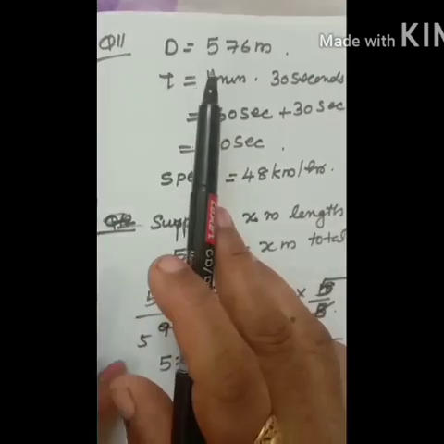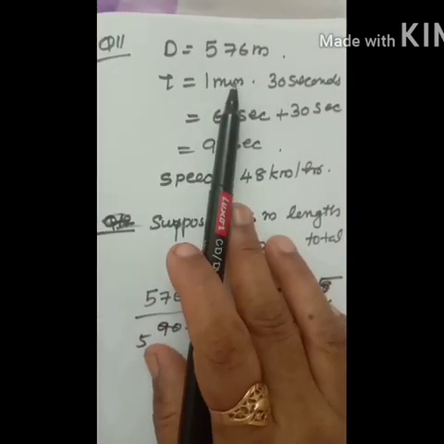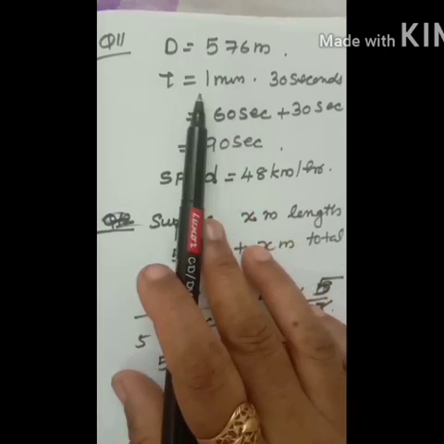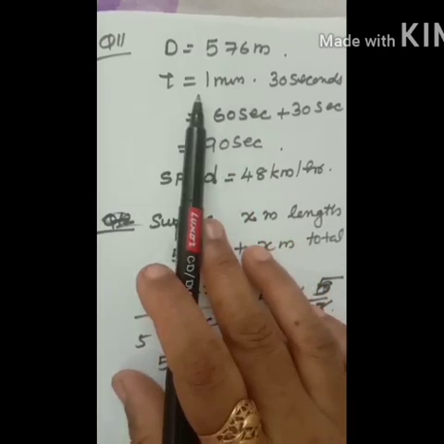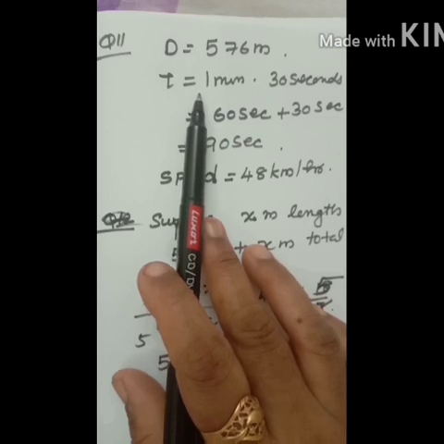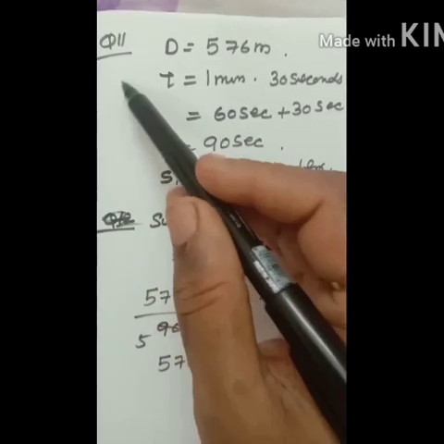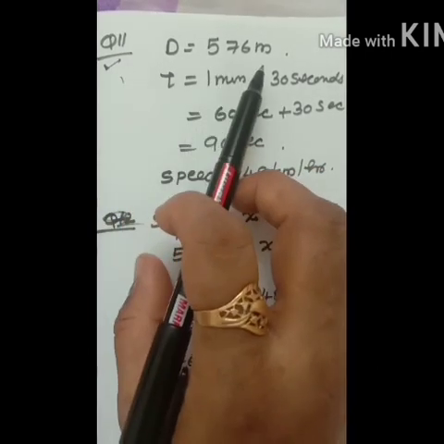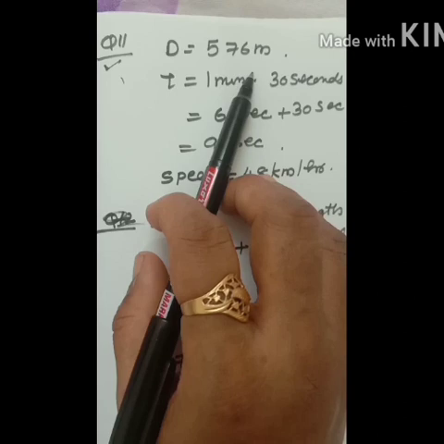Question number 11. A train 576 meters long crosses a tunnel in 1 minute 30 seconds.